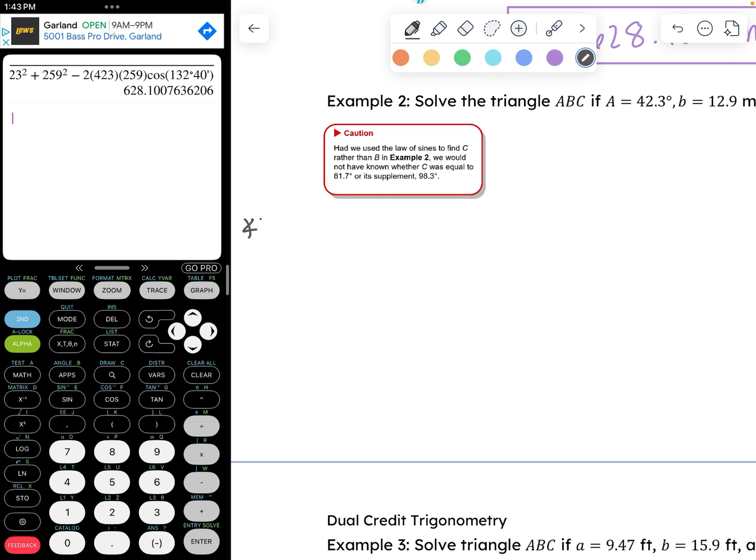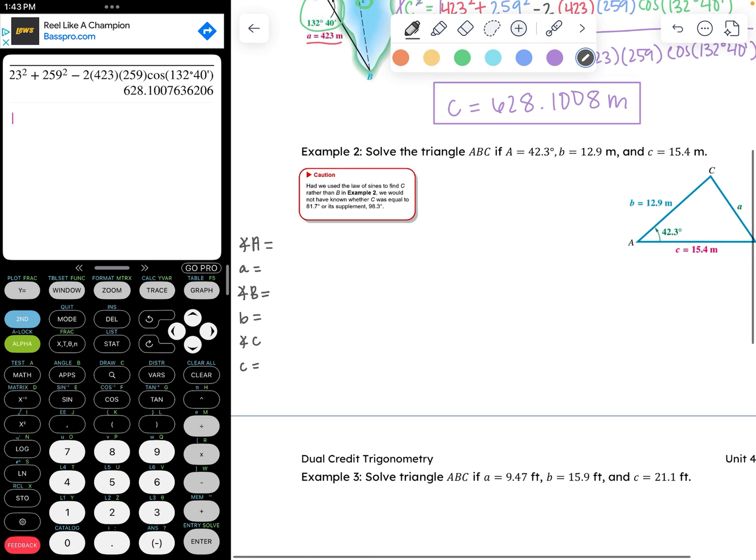So I'm going to say angle A equals something, side A, angle B, side B, angle C, and side C. And then I'm going to check off what I already know. Angle A is 42.3 degrees, side B is 12.9 meters, and side C is 15.4 meters.